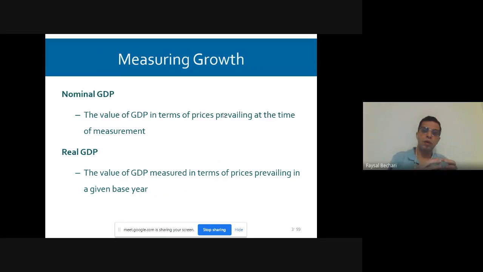Nominal GDP is the value of GDP in terms of the prices prevailing at the time of measurement, but real GDP is the value of the GDP measured in terms of prices prevailing in the base year. So nominal GDP is how much you make this year, for example, but for real GDP, you compare it to the year before, and the year before that.